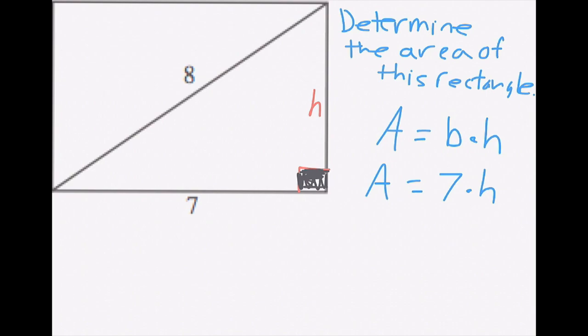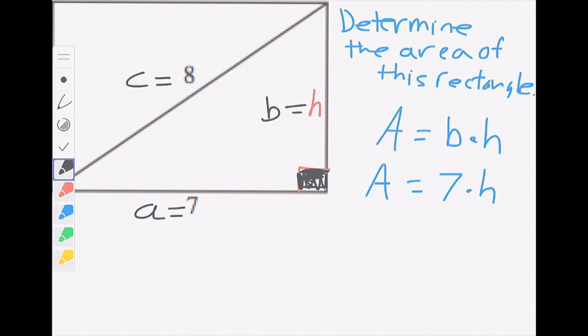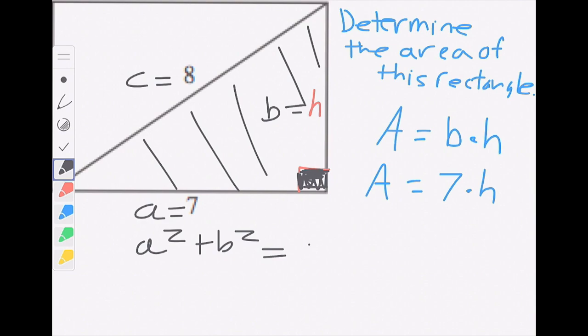So hopefully you thought about using the Pythagorean theorem to figure out what the length of the height would be. Our a would be 7, our b is what we're looking for, and c has to be the longest side of that right triangle. So we're going to use the right triangle here to apply the Pythagorean theorem, a squared plus b squared equals c squared, and plug in the numbers that we know.